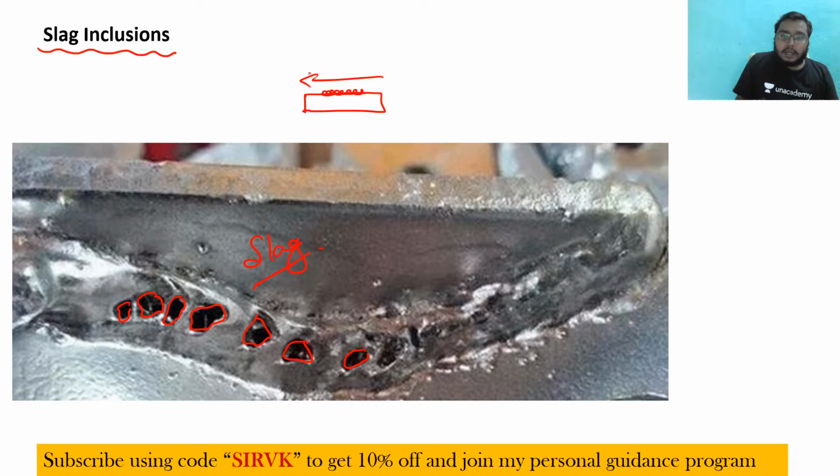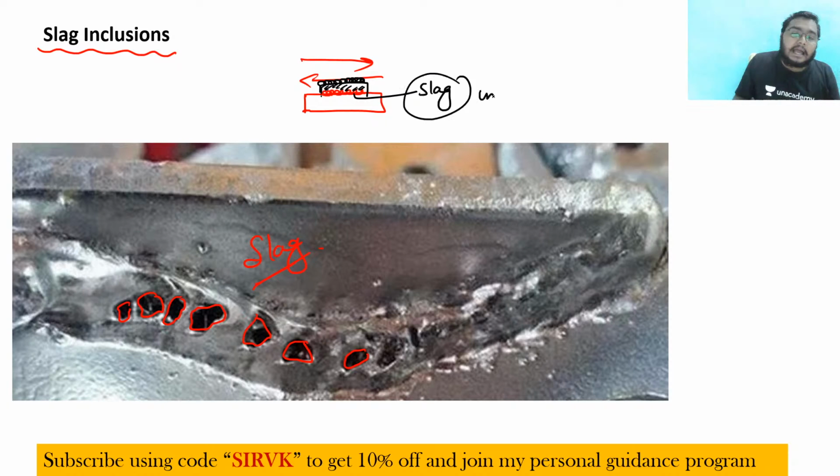Now if you are doing multiple passes, metal will be deposited here, and above the material again the slag will be deposited. So this slag is entrapped here, and slag inclusions may form. So this is one of the reasons we get slag inclusions.